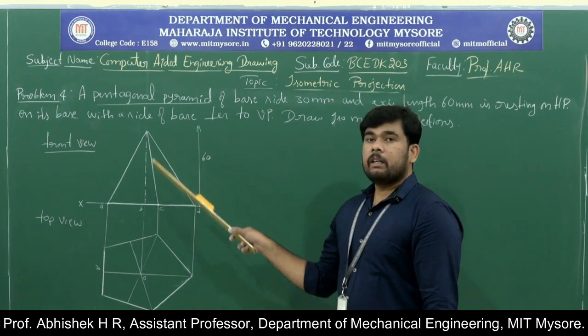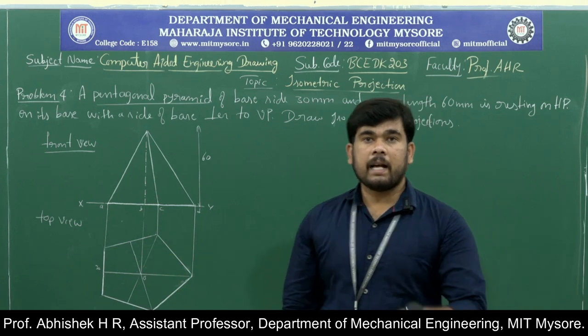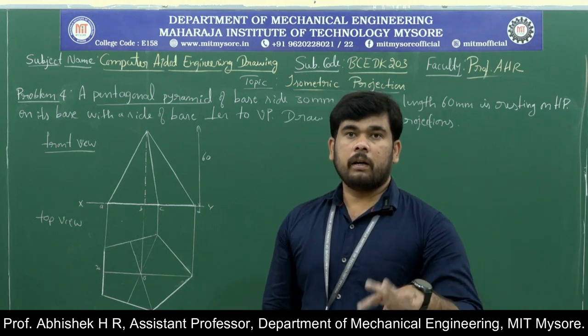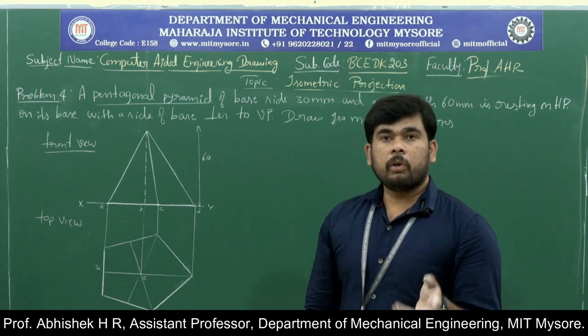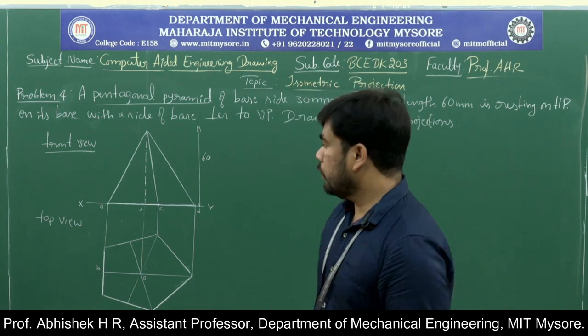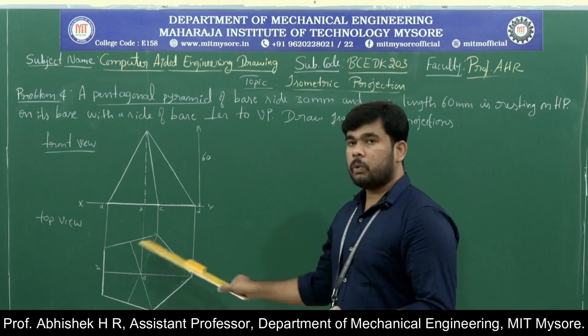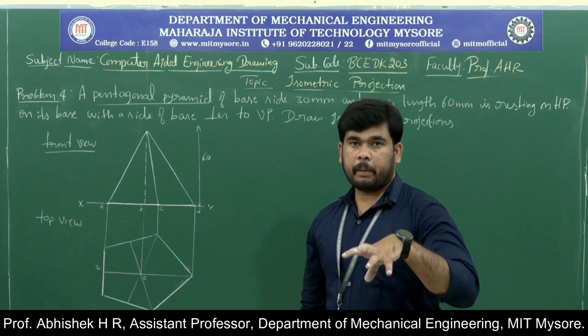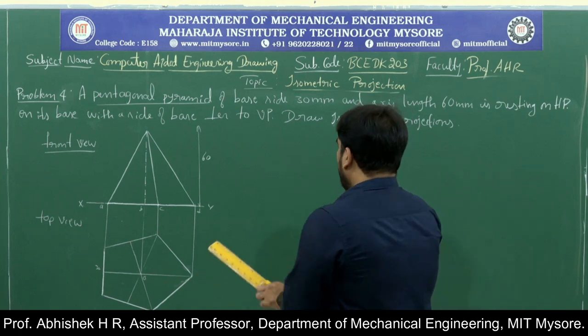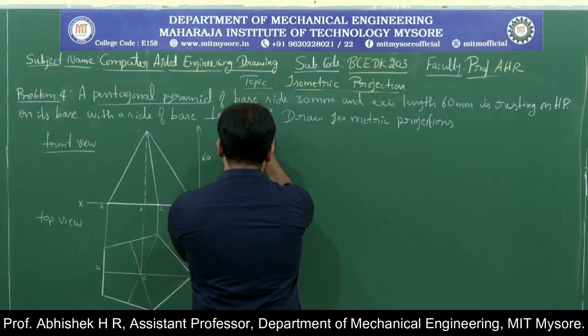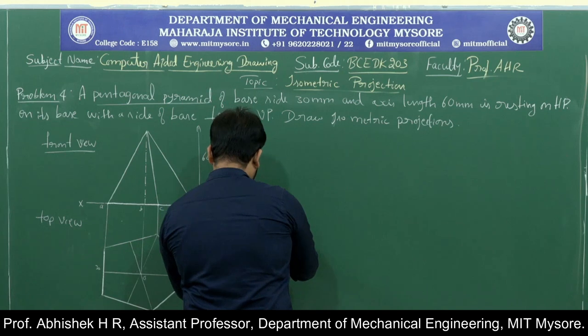We can't directly draw the front view as the first step, because we won't get the correct pentagon. So first we draw the top view of the pentagon, then extend it to the front view. Now we'll plot the isometric projection for this problem.